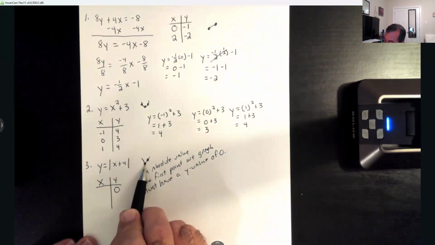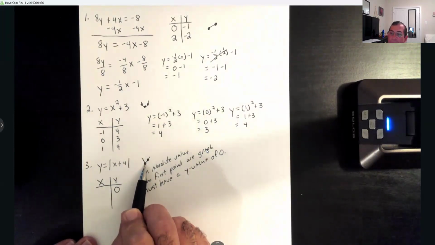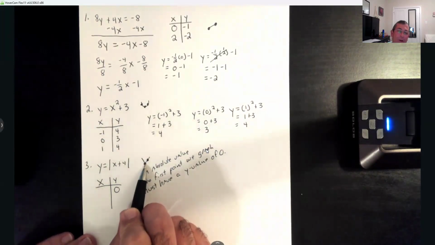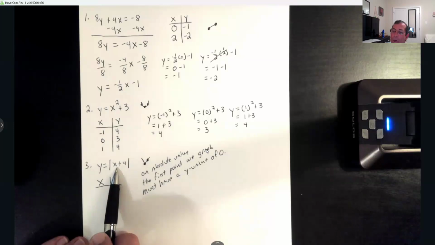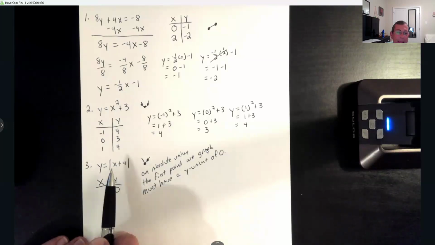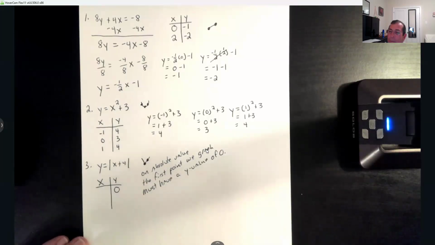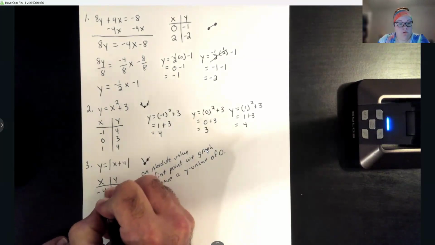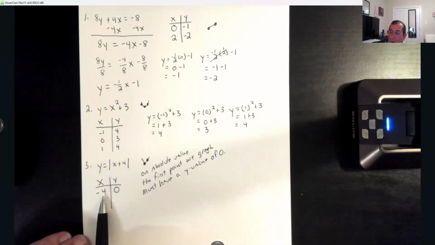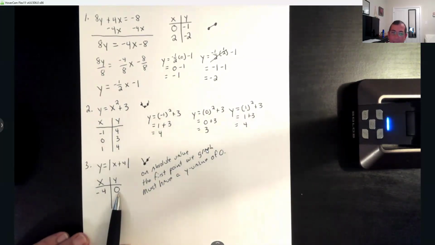Because if it's got a y value of 0, that's giving us that vertex point, and that has to be the first thing you plot. So the question is, what number could you put in for this x to make this equal 0? -4. So y'all, the first point I plot is -4, 0, okay?